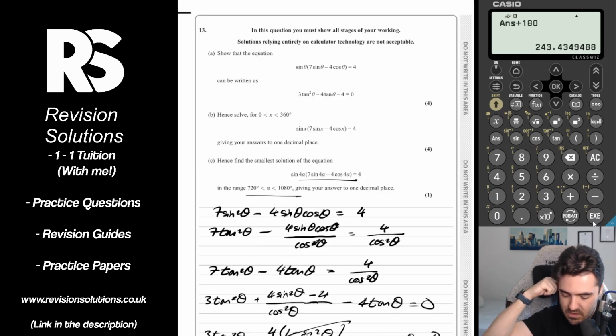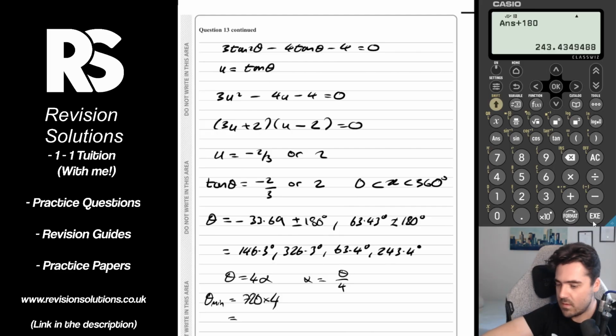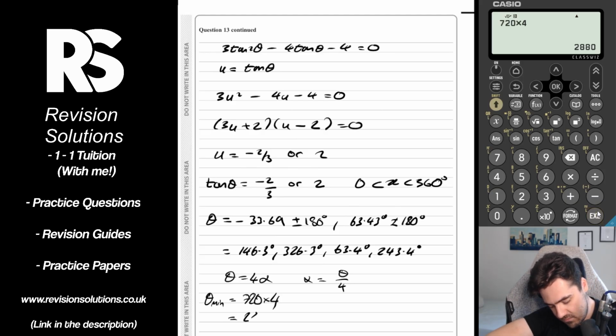So if I want a solution for alpha that's bigger than 720, that's going to be 4 times that for theta. So the minimum theta value is 720 times 4, which is 2,880 degrees. So we need to think which of these two sets of solutions is going to get closer.